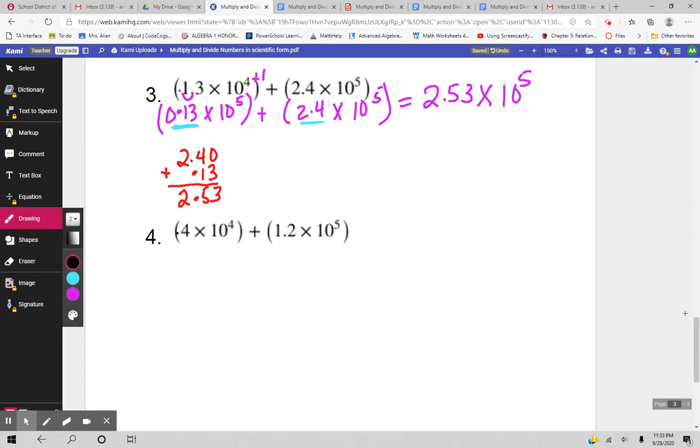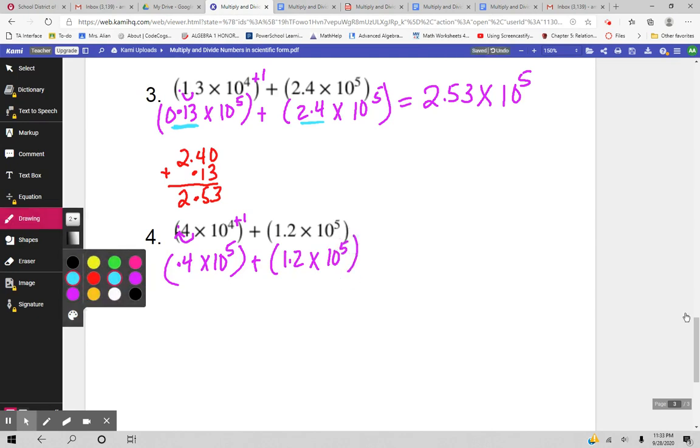Okay, so let's get matching powers. We have 5 here. We need this to be 5, so we'll add 1 here. I just made this number bigger by a power of 10. That means I have to move the decimal from here and put it here. It's going to be 0.4 times 10 to the 5th power plus 1.2 times 10 to the 5th power.